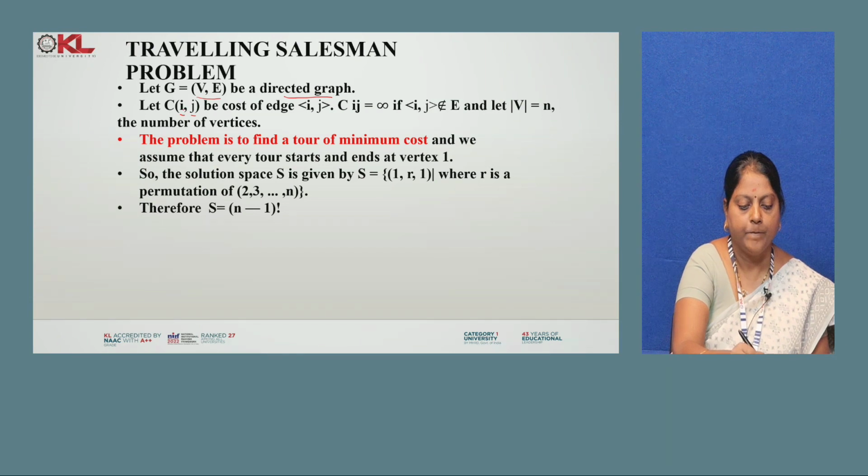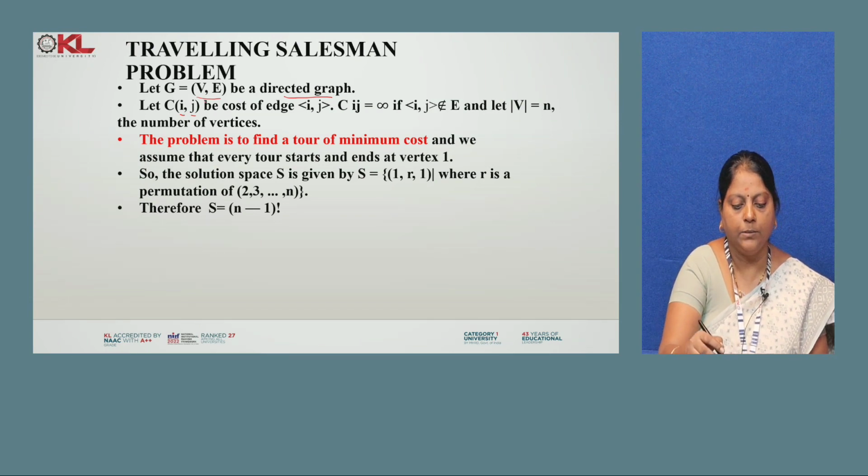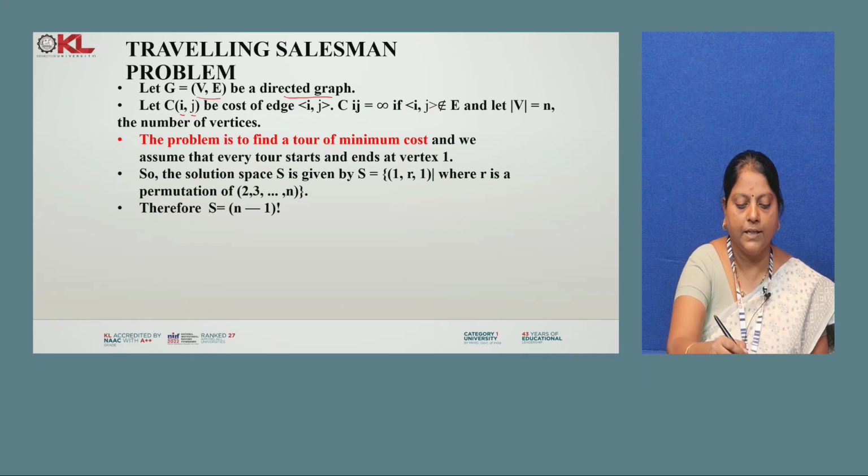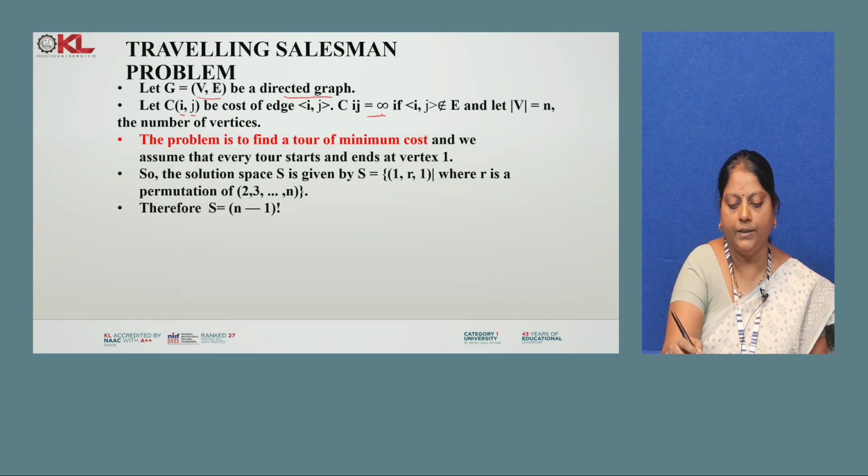Every edge is assigned a positive value, which is called the cost. So if there is an edge from one vertex to another, we give C of ij as the edge value; otherwise we put infinity. If ij does not belong to E, we put infinity.